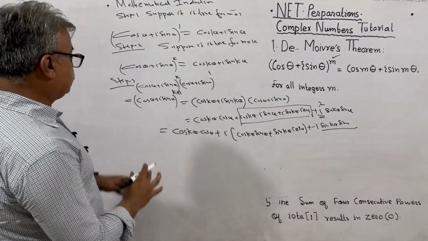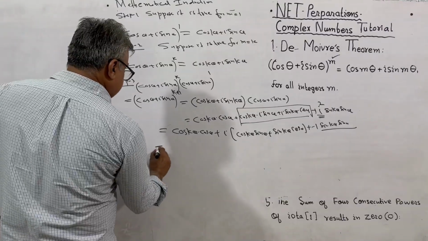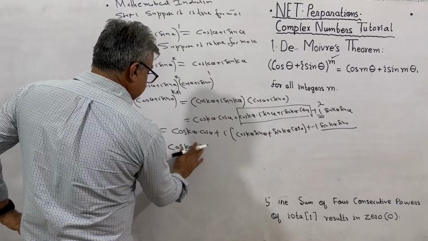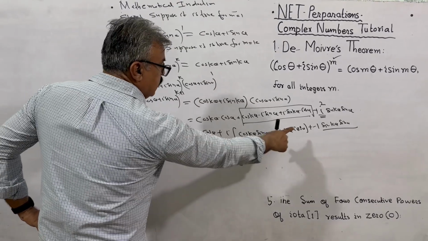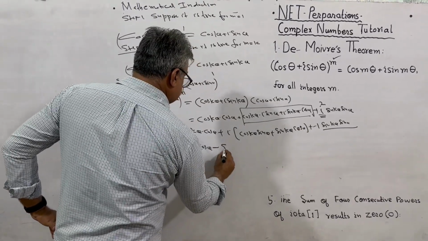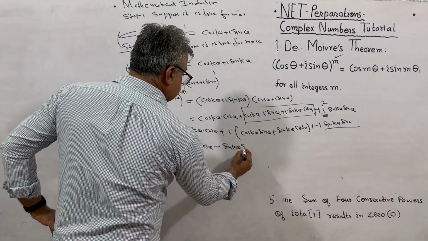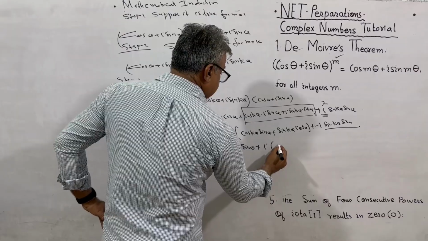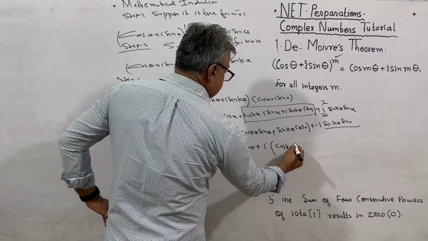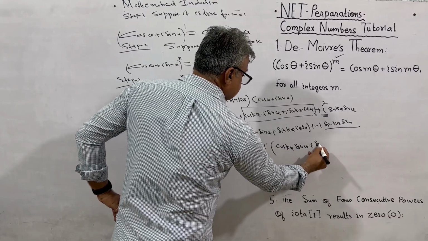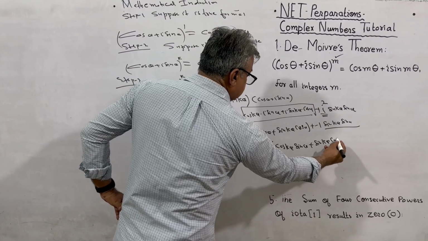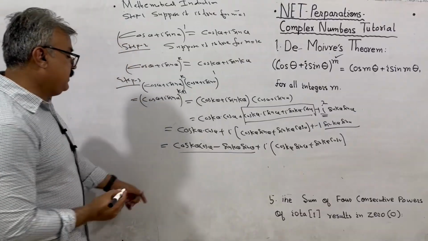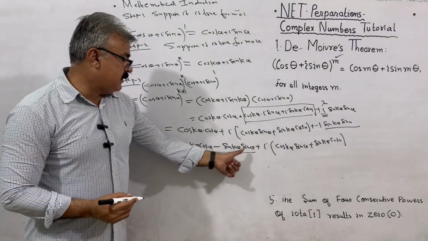Separating real and imaginary parts, the best study in complex numbers, we have cos k theta cos theta, and here minus, it's minus sin k theta sin theta, plus iota common, we have taken cos k theta sin theta plus sin k theta cos theta. Now look at this. It's the famous identity: cos alpha cos beta minus sin alpha sin beta.